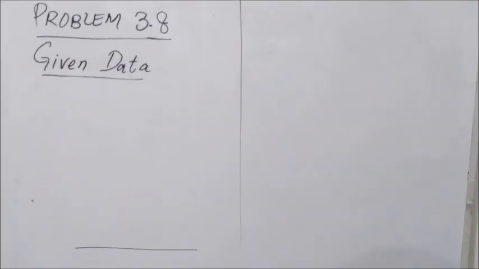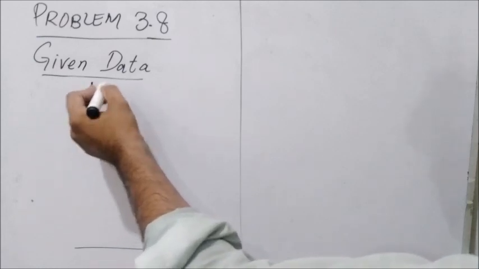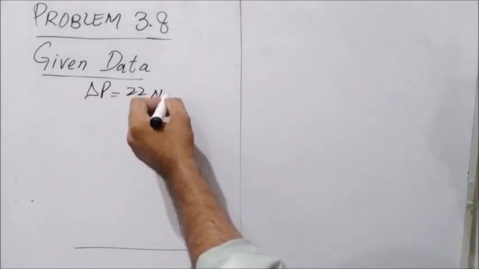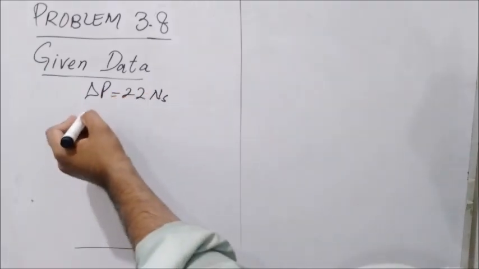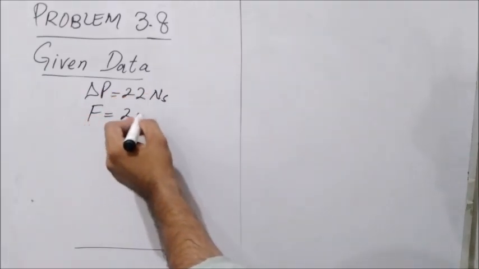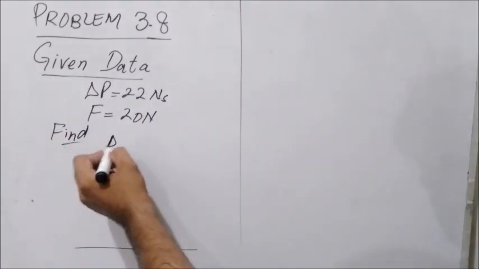In problem 3.8, how much time is required to change 22 Newton second of momentum? So the change in momentum is 22 Newton second, while the force is also given, which is 20 Newton. We will find the change in time.